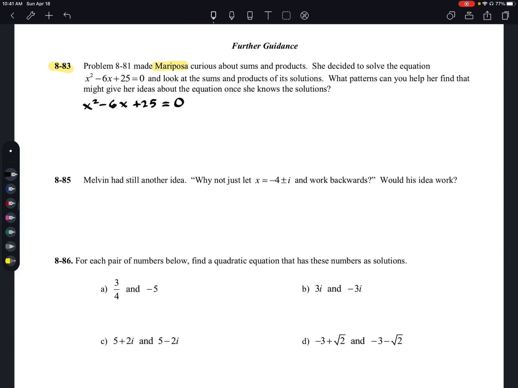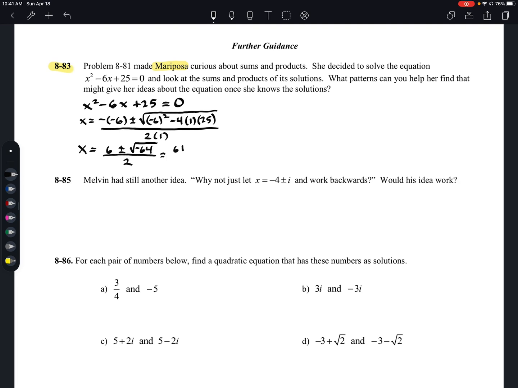We've got x equals the opposite of b, so the opposite of -6, plus or minus the square root of -6 squared minus 4 times 1 times 25, all over 2 times 1. As we simplify it down, we should have 6 plus or minus the square root of 36 minus 100, which should be -64, all over 2.